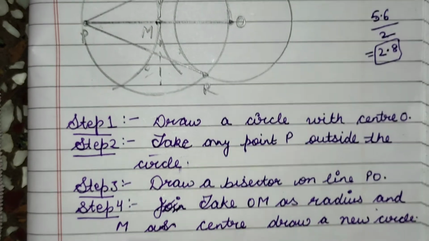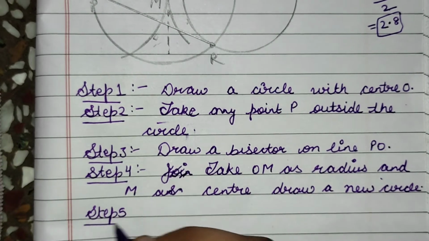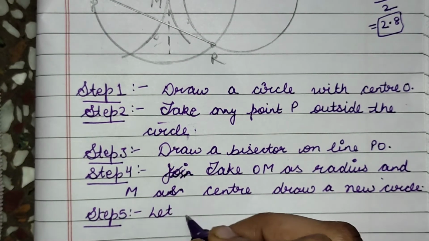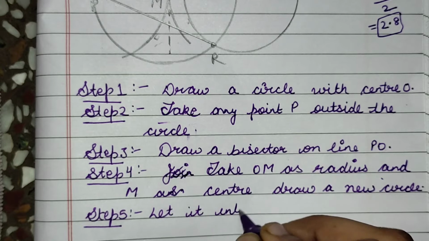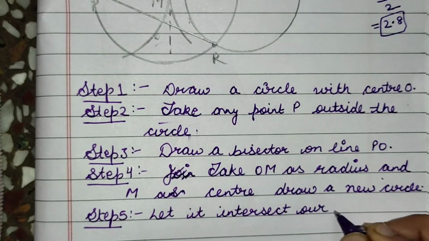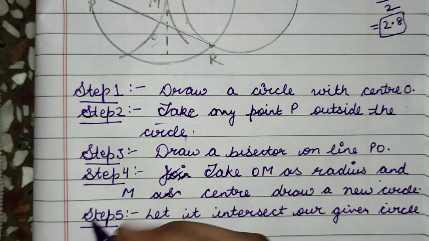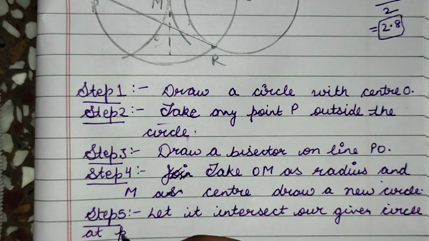Okay. Next, step number 5 was that let it intersect our given circle at points Q and R.